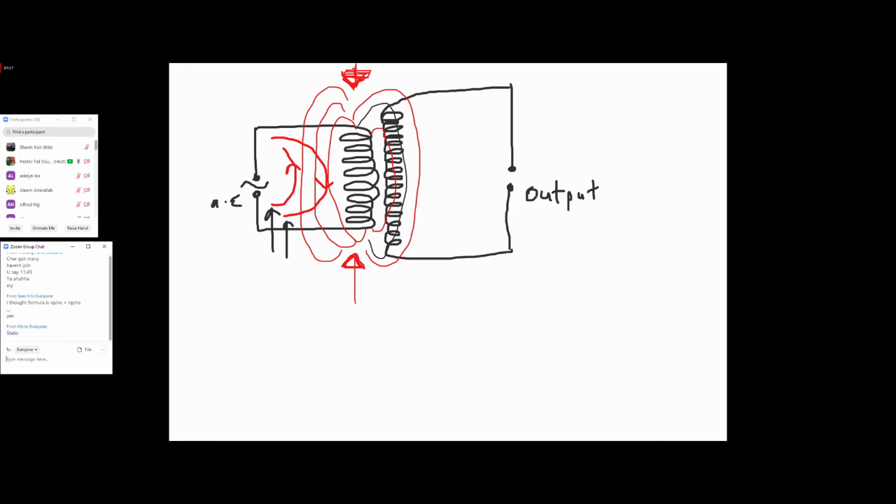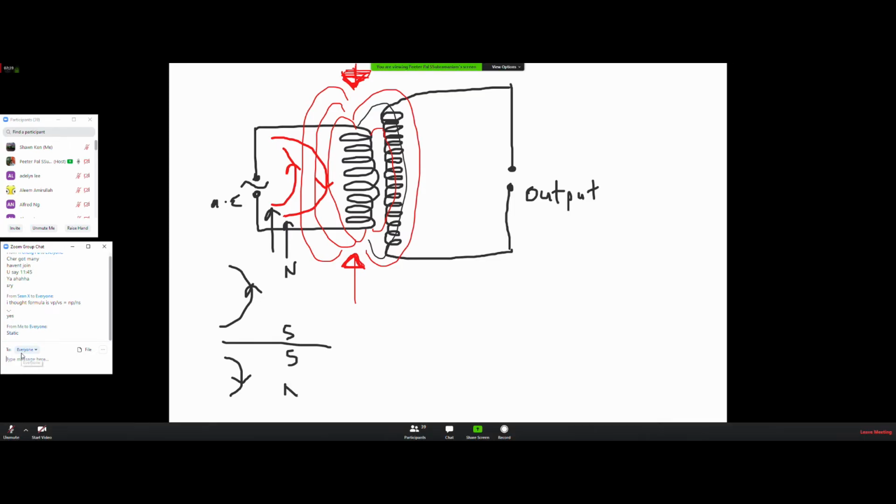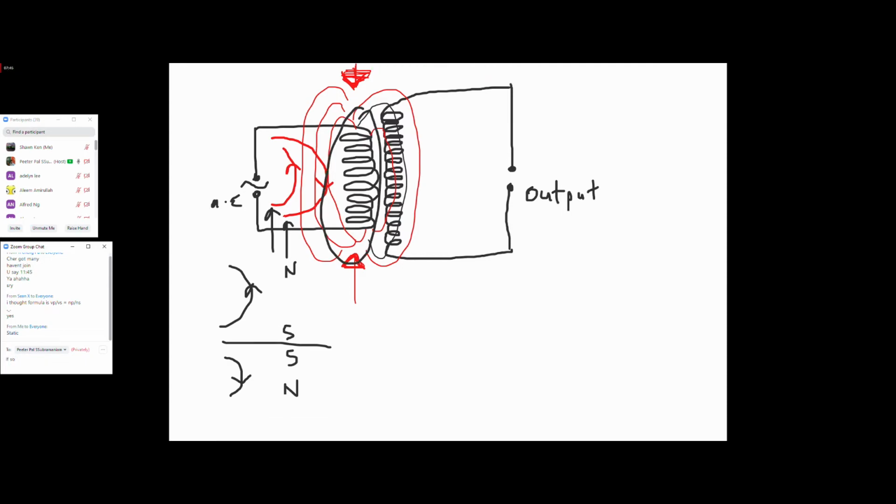When the current flows from down to up, maybe up is north, down is south. When the current changes, up is now south, down is north. So the poles of this coil are changing: for a while north, south, then change, south, north.